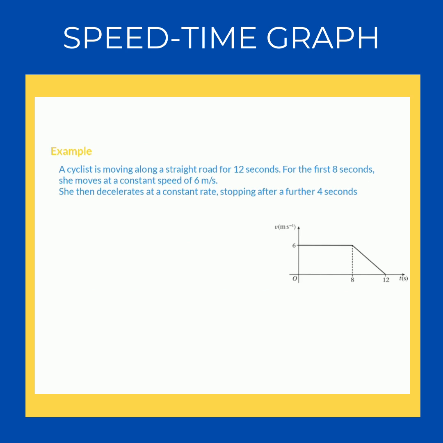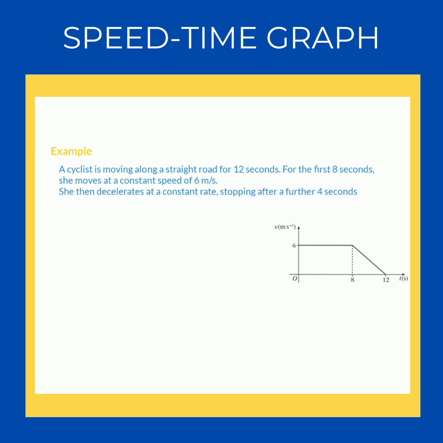In this example, it says a cyclist is moving along a straight road for 12 seconds. So the time on the x-axis is from 0 till 12. For the first 8 seconds, she moves at a constant speed of 6 meters per second.